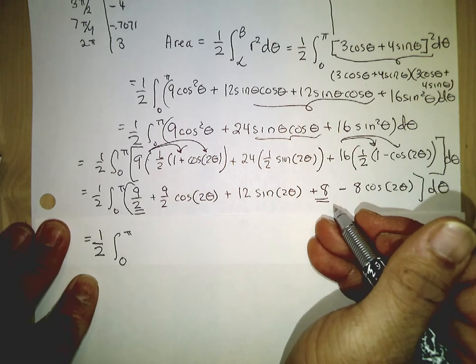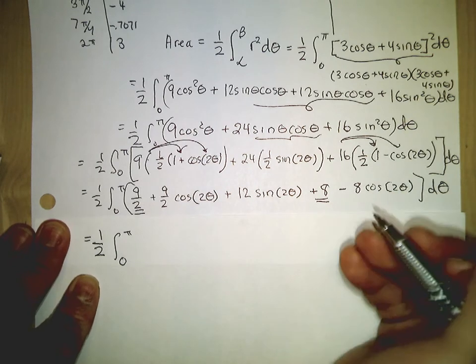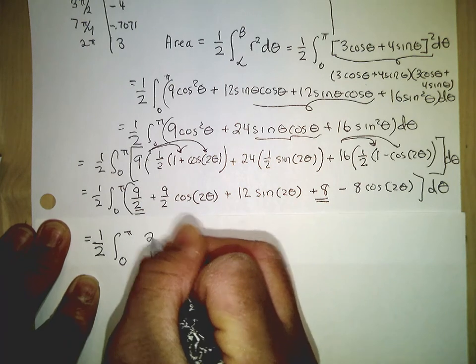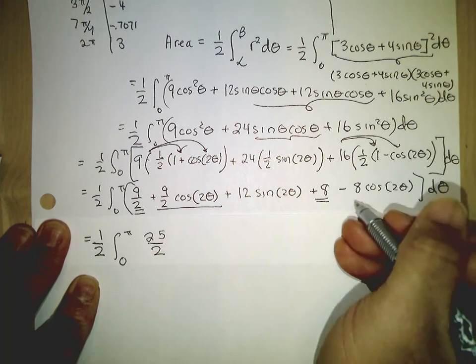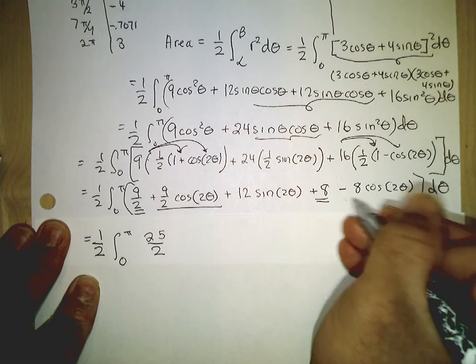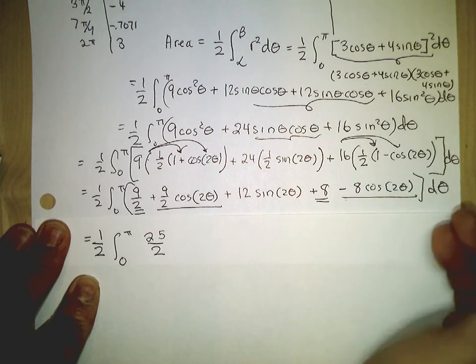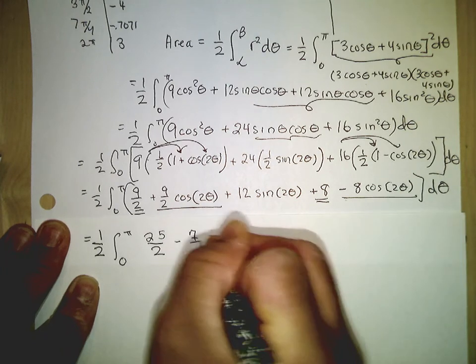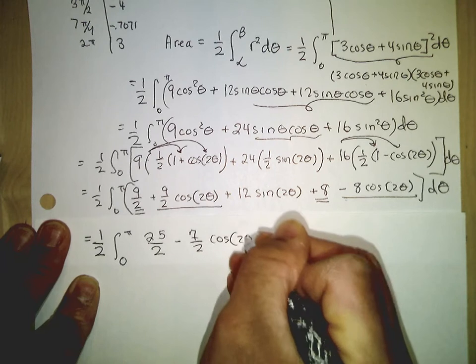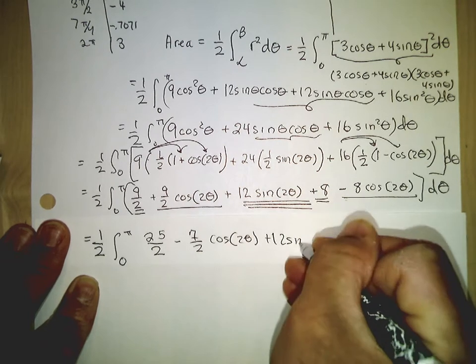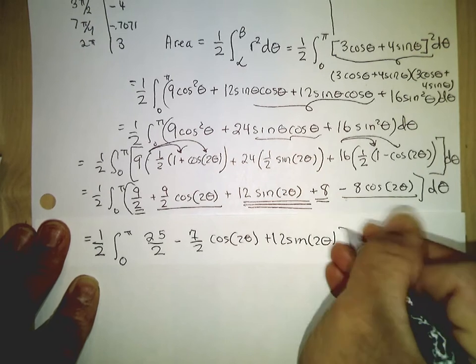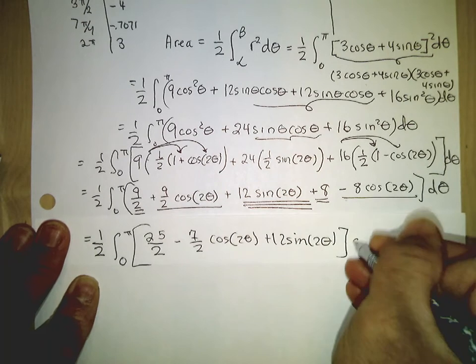That will be 25/2. Then 9/2 cosine of 2 theta minus 8 cosine of 2 theta is minus 7/2 cosine of 2 theta. Then we still have the 12 sine of 2 theta here. Then d theta.